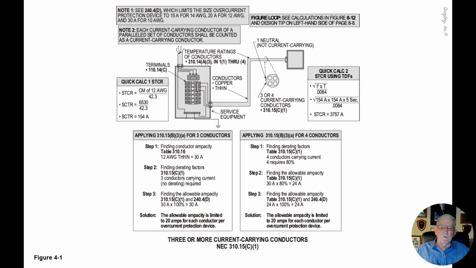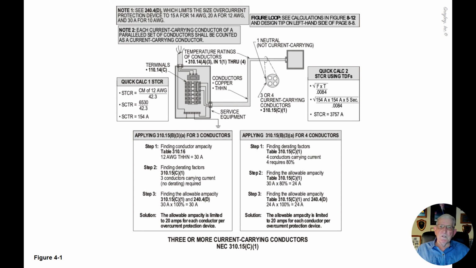Now moving over to the second boxed in information to the right, again, the 2017 code, you'd be applying 310.15(B)(3)(a). But we're applying step 1 and the 2020 NEC, which is Table 310.15(C)(1). And we have 4 conductors that are current carrying.